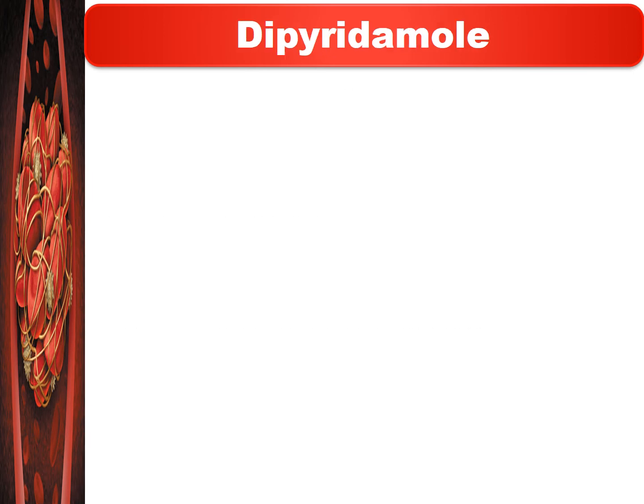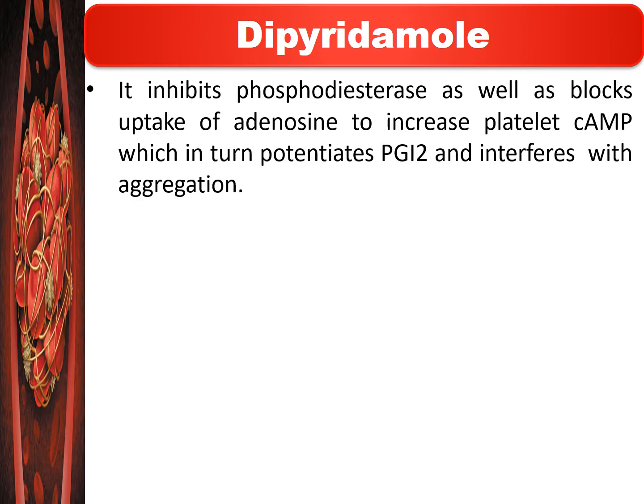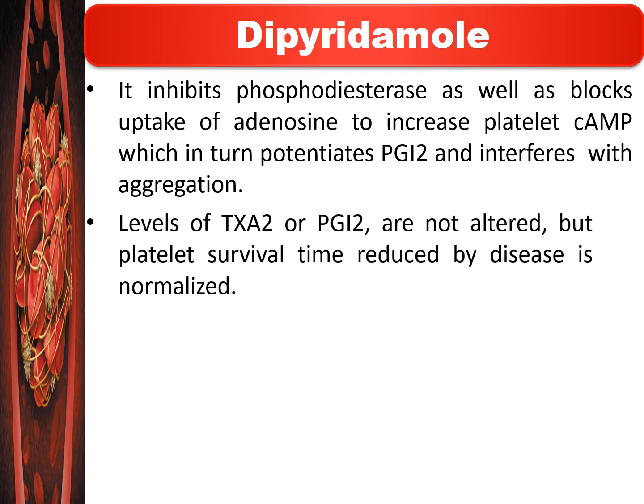Another choice of drug is dipyridamole. Dipyridamole inhibits phosphodiesterase as well as blocks uptake of adenosine to increase platelet cAMP, which in turn potentiates PGI2 and interferes with the aggregation of the platelet.